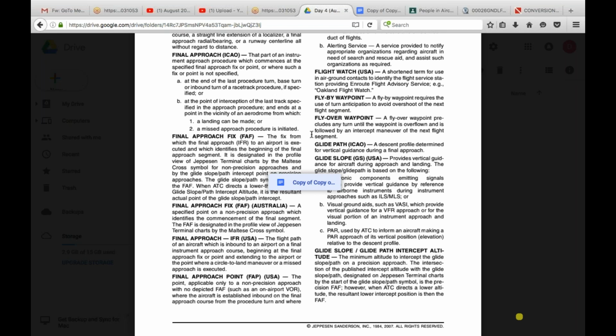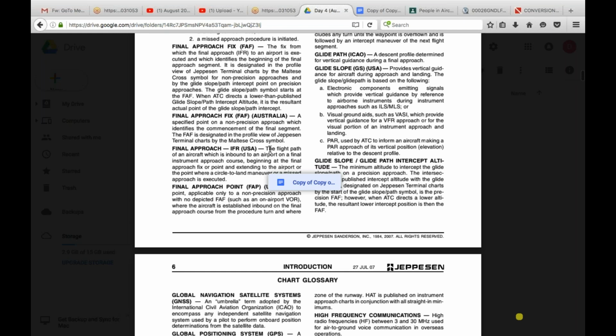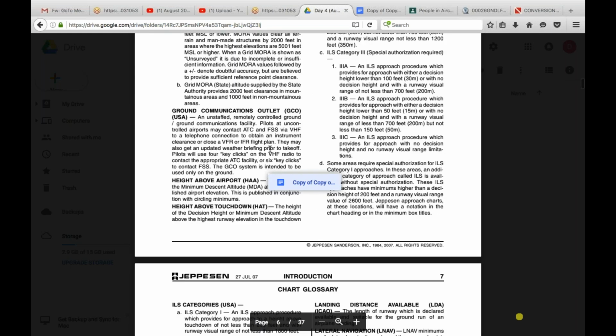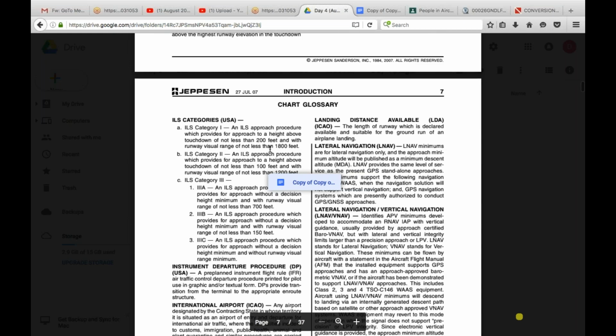It will always be identified, and it's always identified the same way. So use this kind of as a dictionary as you're going through these charts. If you ever have any questions, this is where you're going to find that information.